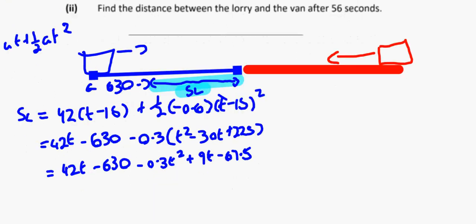And then the blue number is all going to come to minus 0.3 T squared, plus 51T, and then minus 630 minus 67.5.